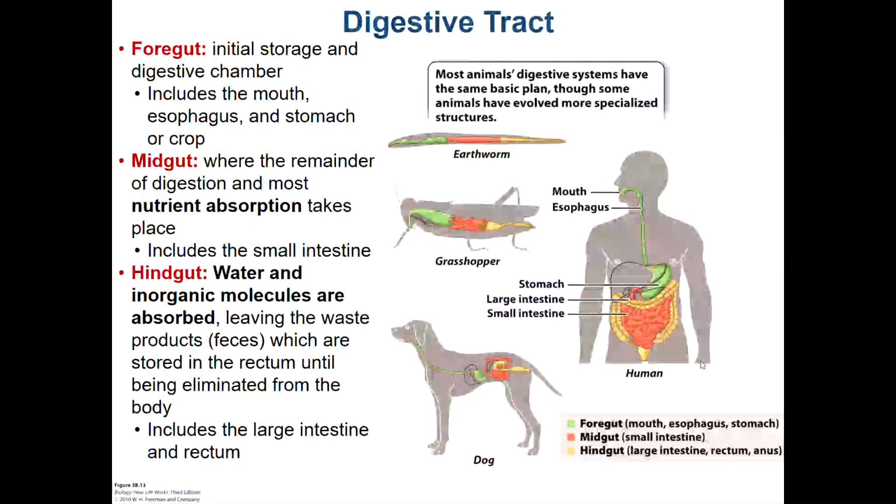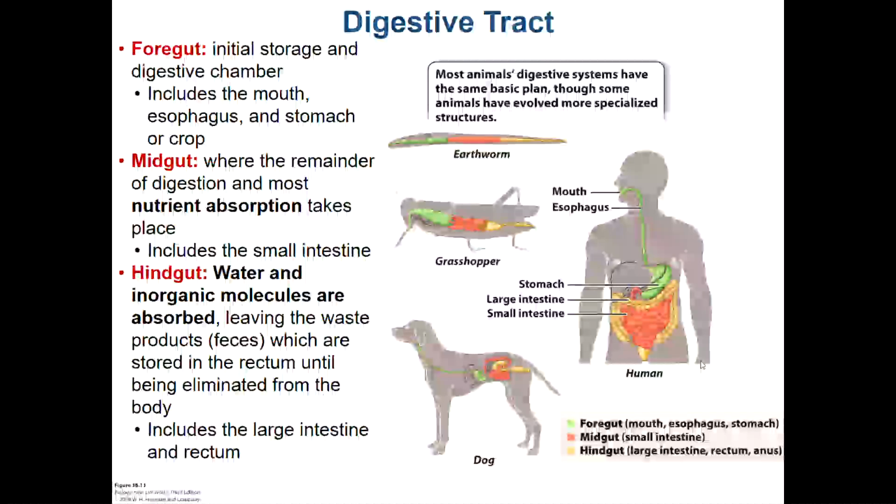There is a foregut, which is in green in all these animals, and that's the initial storage and digestion chamber. This includes the mouth, esophagus, and the stomach or crop. So after the foregut comes the midgut. This is where the remainder of digestion and most nutrient absorption takes place, and this includes the small intestine.